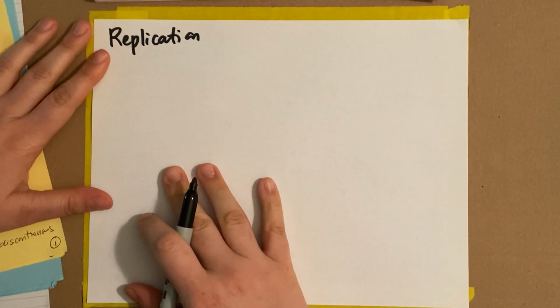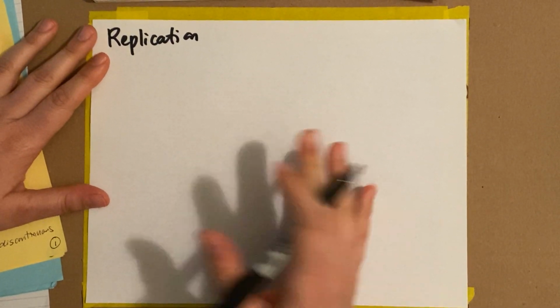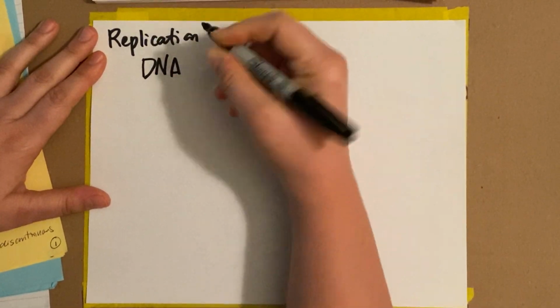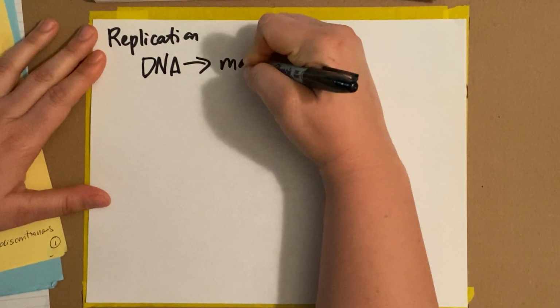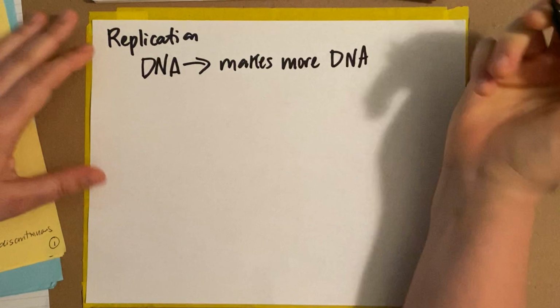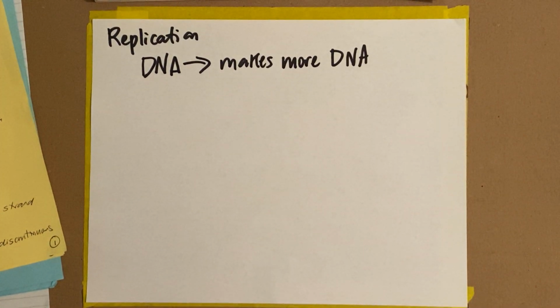Okay, and so remember, replication is a process that takes place during interphase of the cell cycle. And what replication does is it takes DNA and makes more DNA. Okay, so you're just making more DNA. That's the whole process.